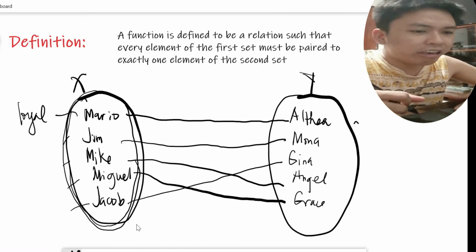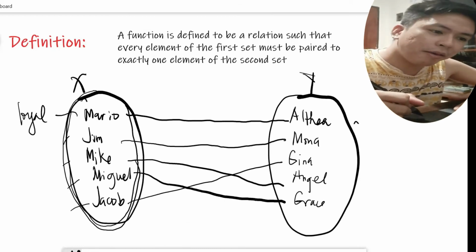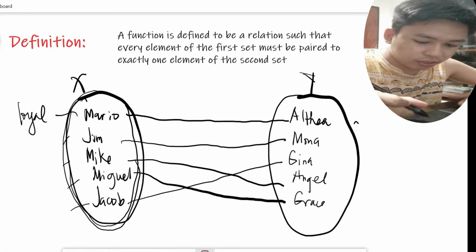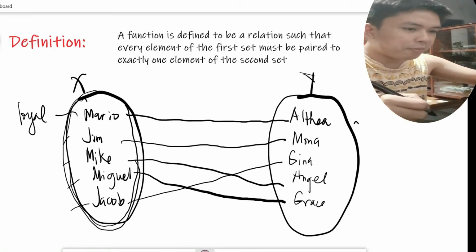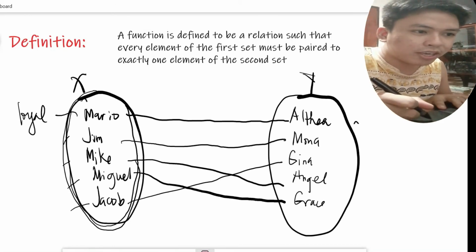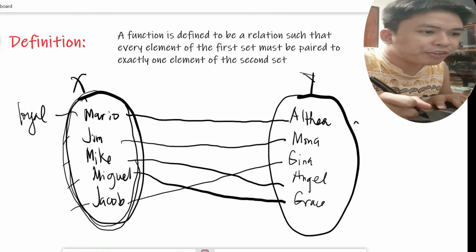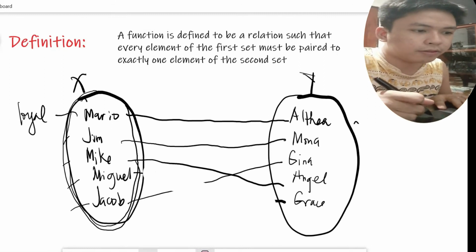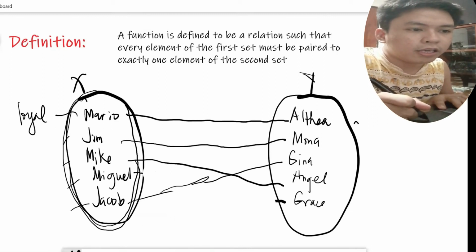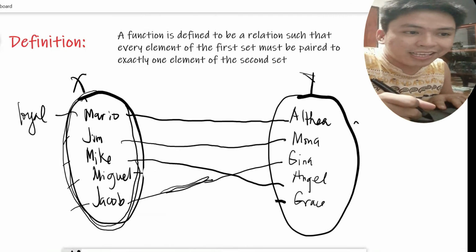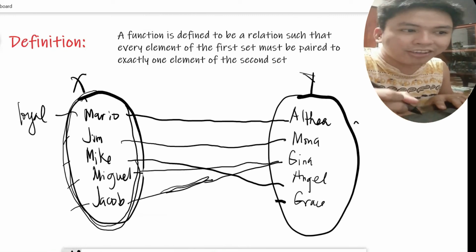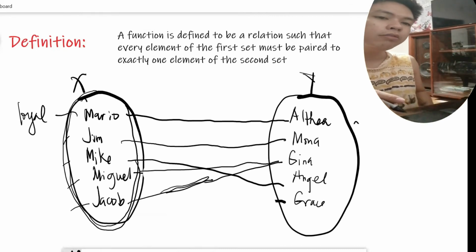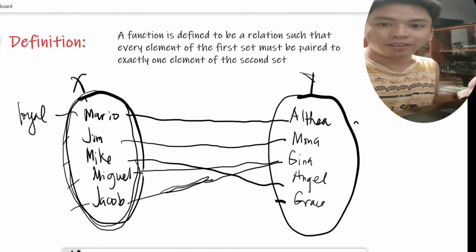So what if, let's suppose for example, Miguel, okay, I think I have a problem with my pen here. Okay. What if, suppose for example, Miguel is dating Gina, even if Gina is in a relationship with Jacob? Well, that's still a function.